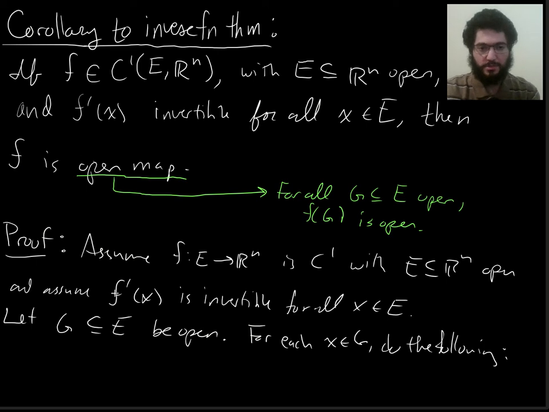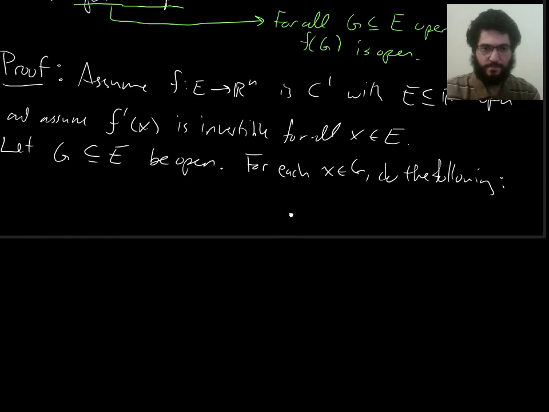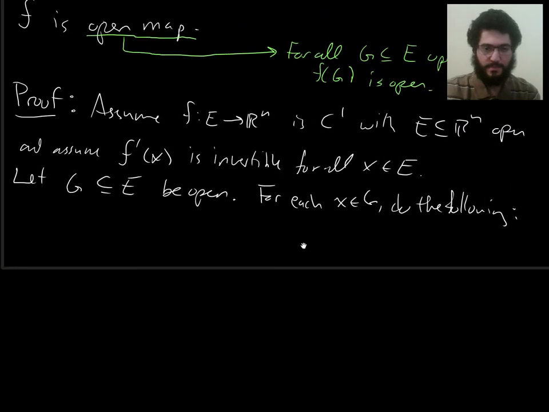So our assumption is that f prime x is invertible for each x. So for each x, we can apply the inverse function theorem.